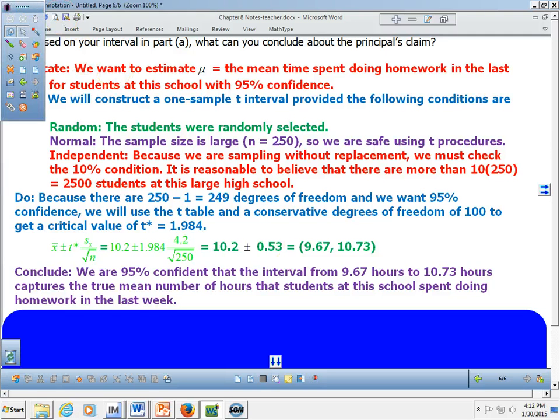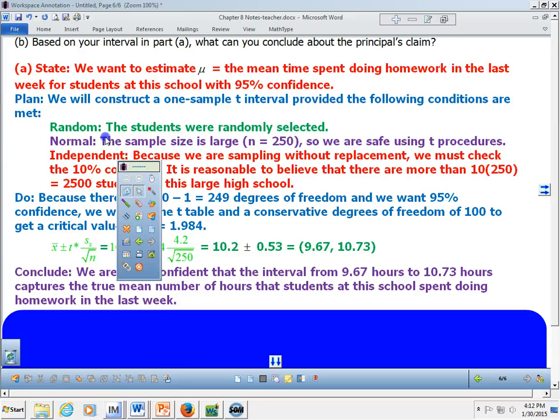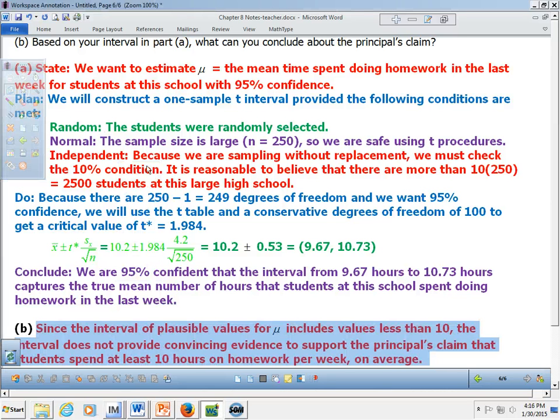Now, go back up to the part B question. Based on your interval in part A, what can you conclude about the principal's claim? You have to remember that the principal's claim was that students spend at least 10 hours doing homework, which means 10 hours or more.